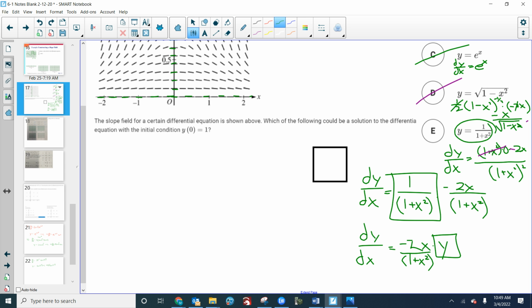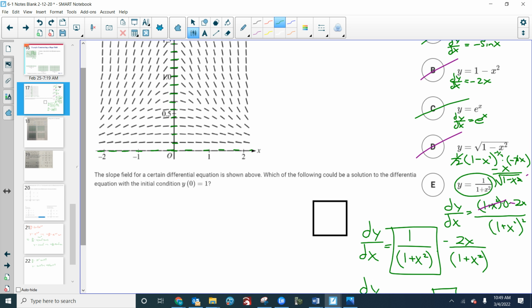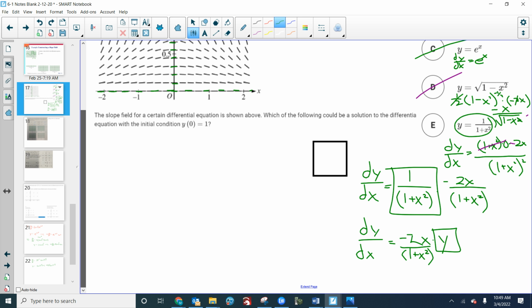What does that mean? That means vertically, the slopes aren't the same for any x because they're also dependent on y as well. So how do you find a slope? Well, you have to plug in an x and a y to get that slope. Okay? Do you remember doing implicit differentiation?